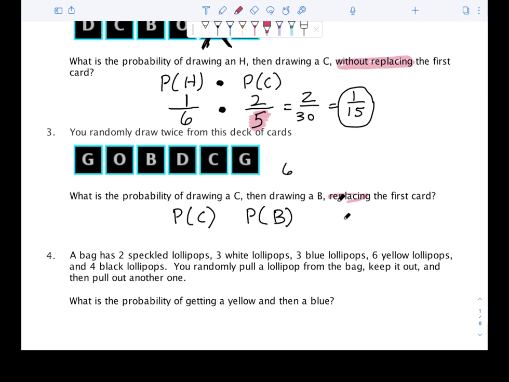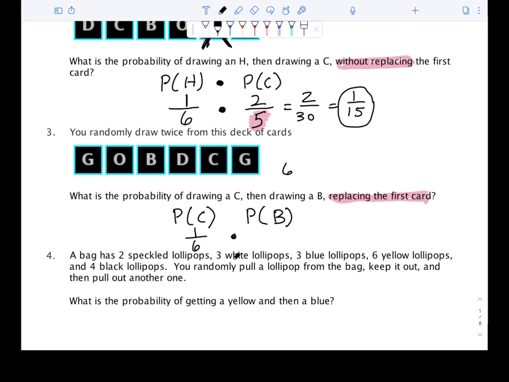and I highlight this: replacing the first card? So this changes. This is not like the one I just did, because that one didn't replace it. This is, okay? So let's look and see how that's going to affect things. We do have 6 cards, so I'm going to go ahead and write 6. I'm going to draw a C. There's only 1.